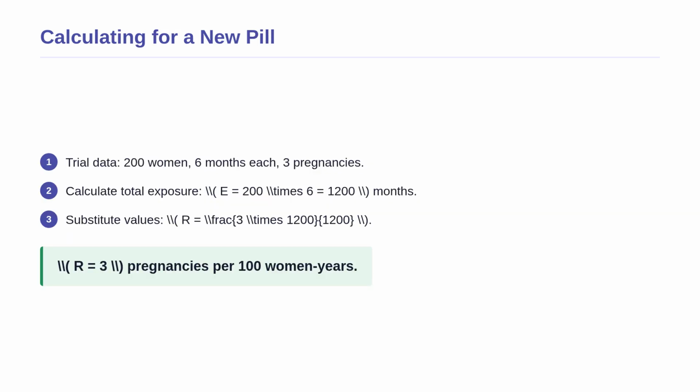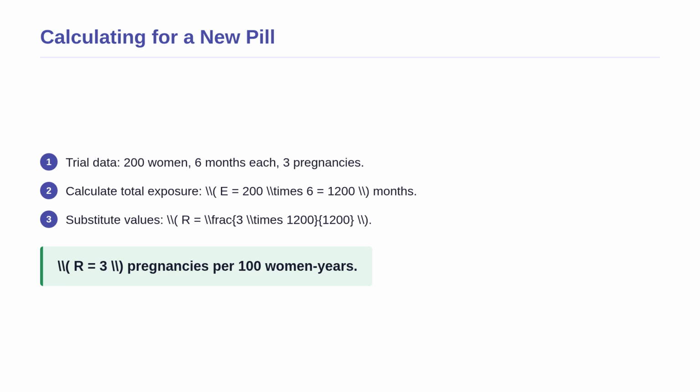With our formula established, let us see this with a concrete example. A clinical trial is testing a new daily oral contraceptive pill. We are given that 200 women use the pill for exactly 6 months each, and 3 women become pregnant. We need to calculate the Pearl Index. First, we find the total exposure time E by multiplying the 200 women by the 6 months, giving us 1,200 months of exposure.